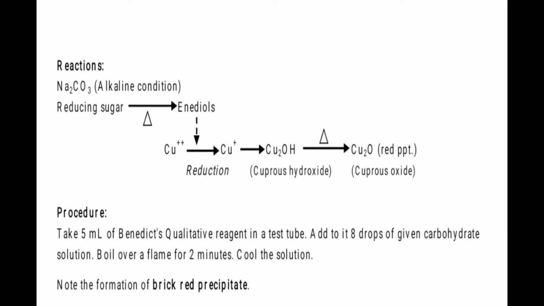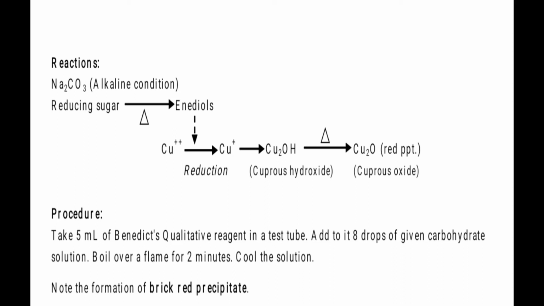Actually the procedure is simple. We have to take 5 ml of Benedict's reagent and add 8 drops of carbohydrate solution. If it is urine, we add the urine solution here. Then boil for 2 minutes and cool the solution.